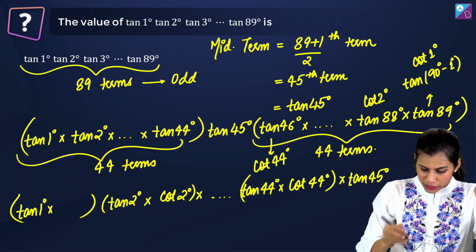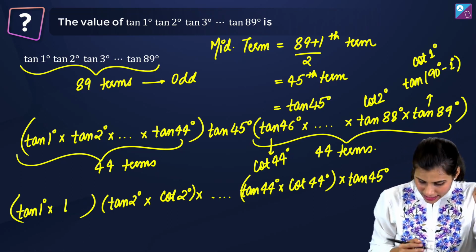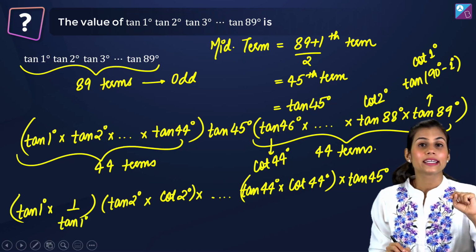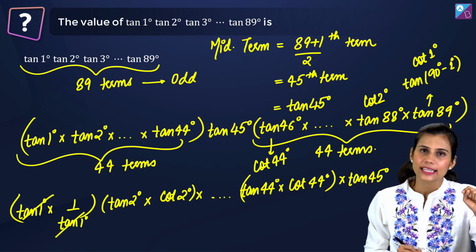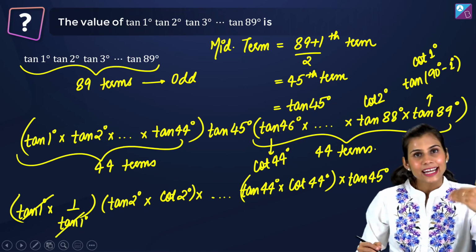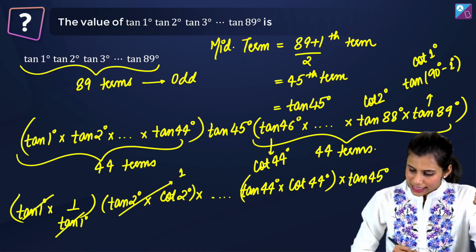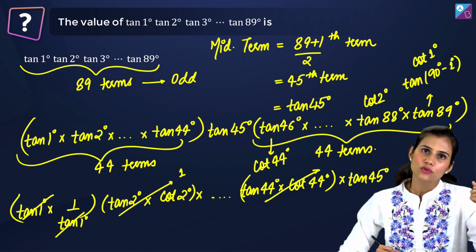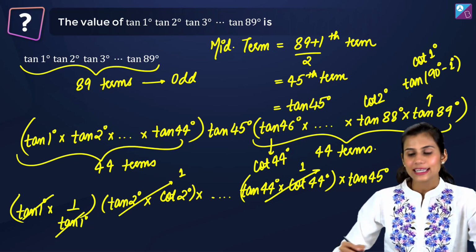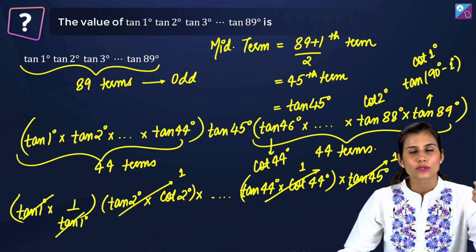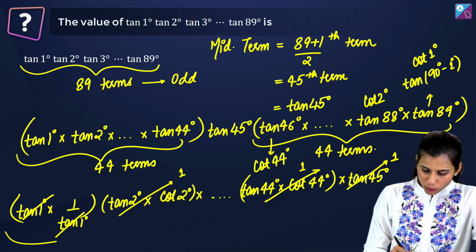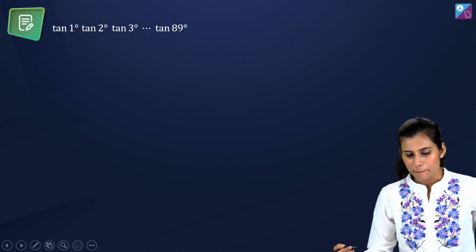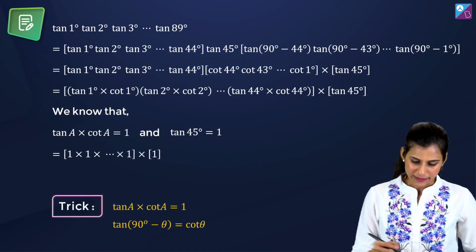So it is safe for me to write cot of 1 degree as 1 upon tan of 1 degree, and because tan of 1 degree is definitely positive, I will be cancelling it out. Similarly, tan 2 into cot 2 will be 1. Similarly, tan 3 into cot 3 will be 1 and so on. Tan 44 into cot 44 again 1, and tan 45 you already know is 1. So you have the product of 1 with itself 45 times in total, which is nothing but 1 only.